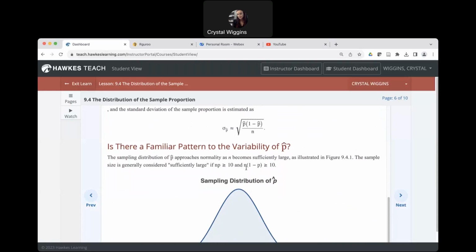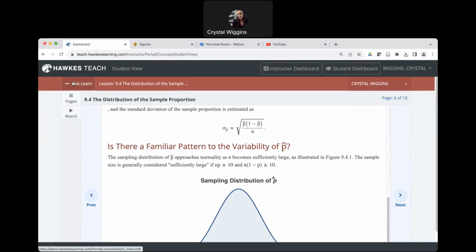You have to multiply n times 1 minus p, also known as q, so n times q also needs to break the threshold of 10, or be equal to 10. So we have to pass both of these in order to say that this formula here is a valid formula and therefore our probabilities are accurate.